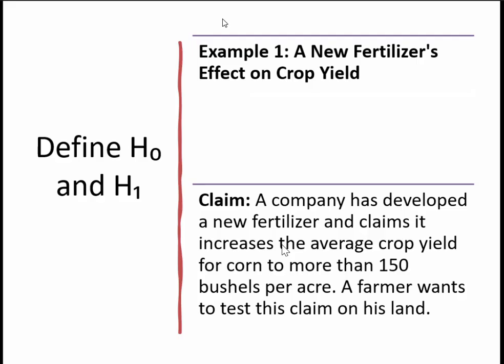So our claim: a farmer wants to test this claim. What is the claim? The claim is that the fertilizer increases crop yield to more than 150. So if I represent my crop yield by Y, my claim is Y is greater than 150, right?